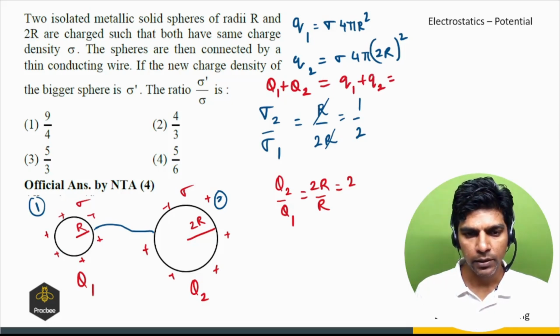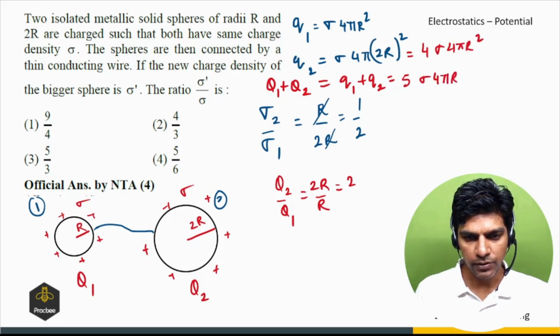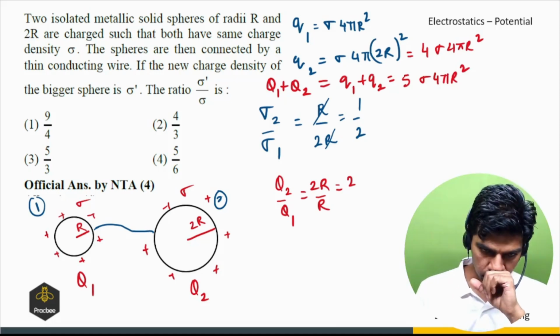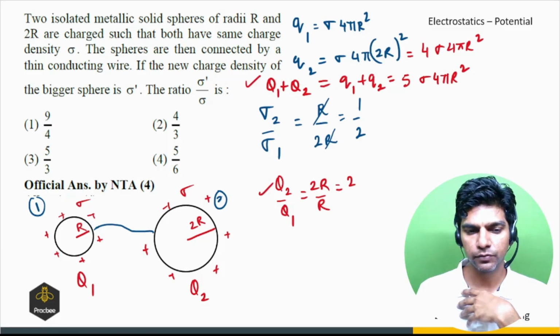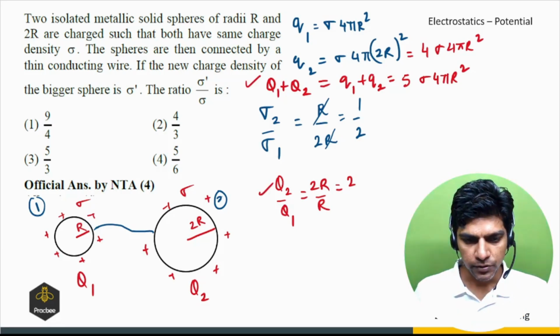Since Q2 is 4 times, it will become 4 times sigma 4 pi r square plus sigma 4 pi r square, so it will become 5 times sigma 4 pi r square. That is the total charge. Now from these two equations we can find the final charge on the big sphere. So q2 will be 2/3 of the total charge, that will be 20 sigma pi r square.